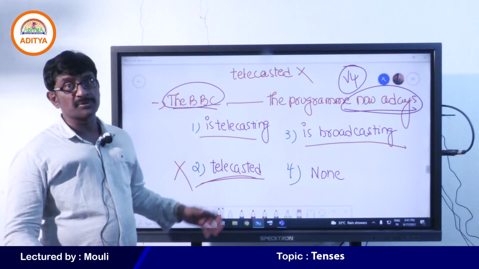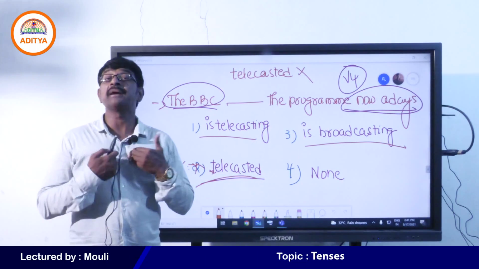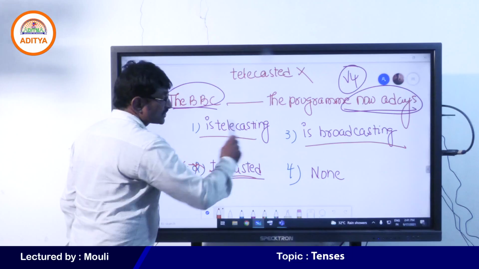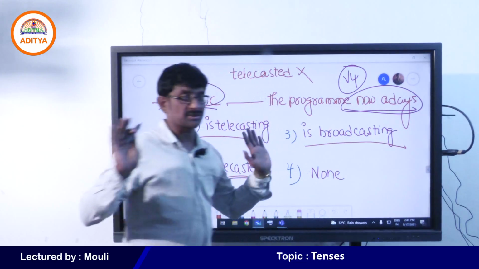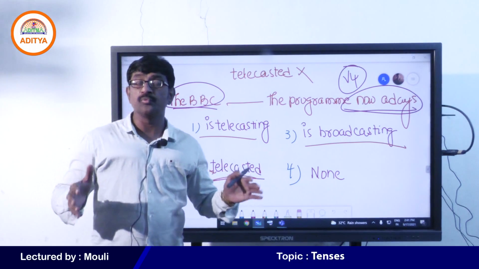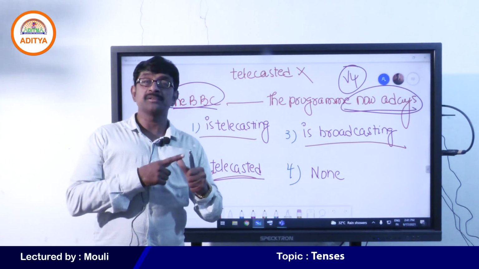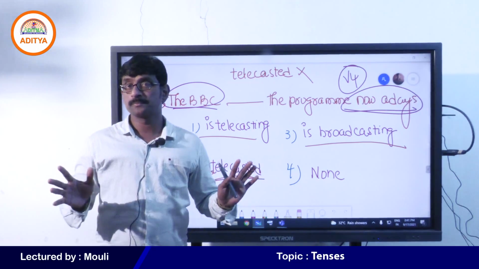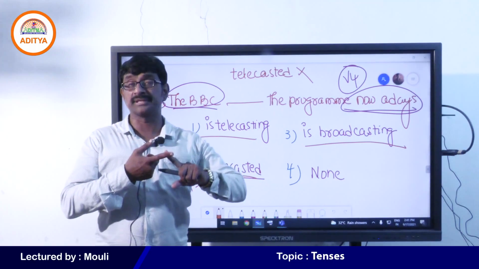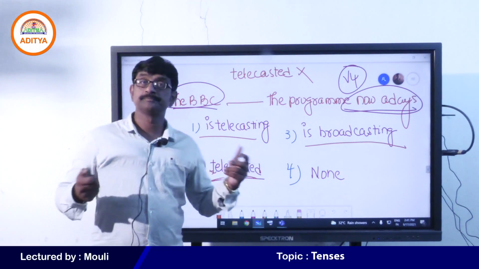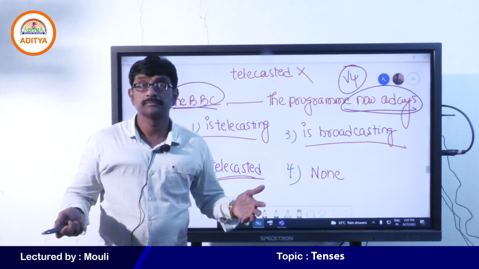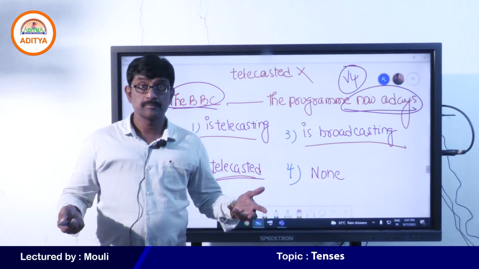So, shall I look for your answer or shall I give my answer? My answer is: is telecasting and is broadcasting are both equal, because we can broadcast a program on TV and on the radio. We can telecast a program on TV but not on the radio. So the BBC may be television or may be radio.